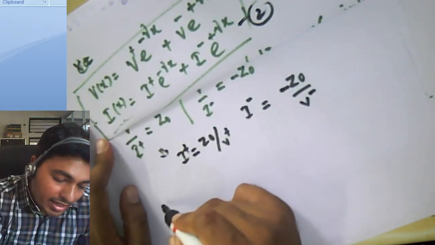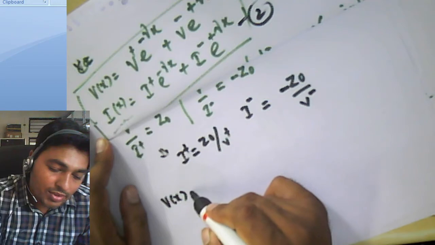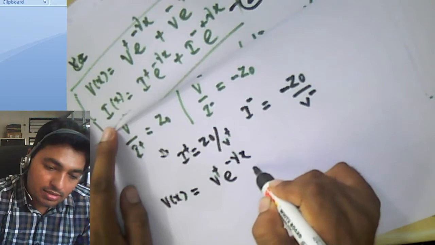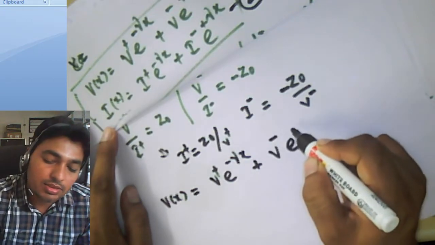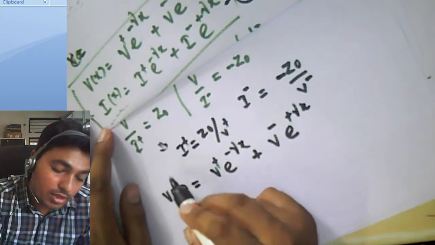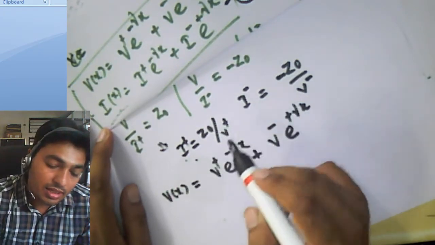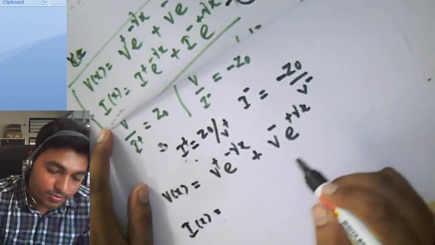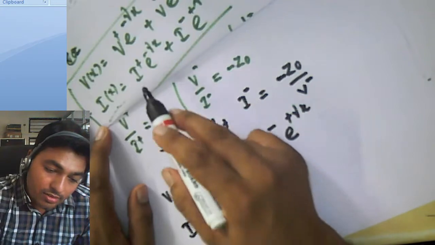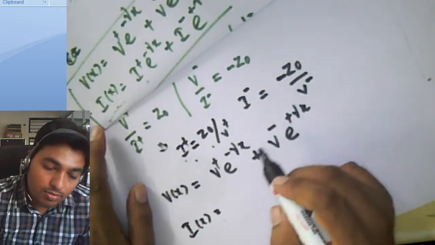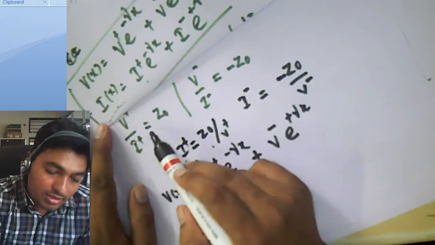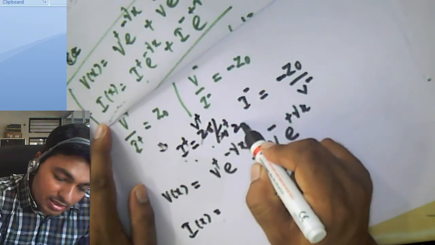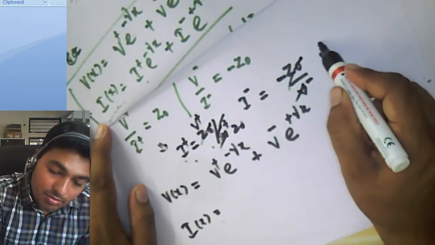Now we can write Vx, or simply V, is equal to V plus e raised to minus gamma x plus V minus e raised to plus gamma x, and for current we have already written the relation in terms of voltage. So current will be equal to, instead of I plus we will write V plus by Z0, and this is V minus by Z0.